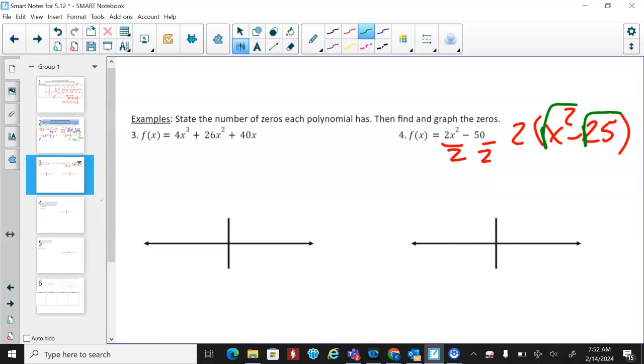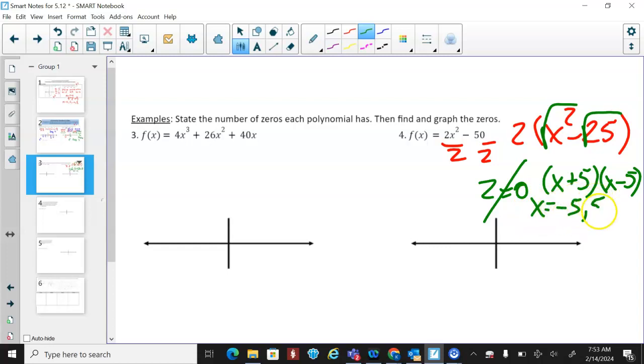Either way, it's fine. So you're going to have 2 equals 0, which is not true. And then you are going to have either x plus 5 or x minus 5, because again, I'm square rooting the x and I'm square rooting the 25, where I'm going to set them equal to 0. So one is going to be -5, one is going to be 5.